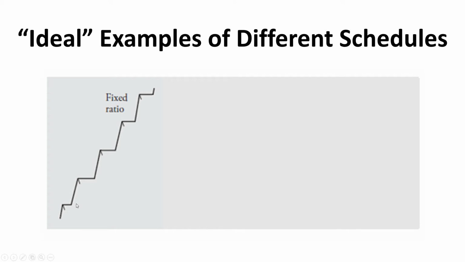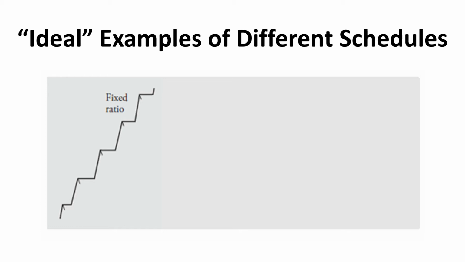There's one other thing that we sometimes see associated with a fixed ratio schedule of reinforcement, and this is called ratio strain. You don't see it here because this is a fixed ratio with no change being made. But we can sometimes observe ratio strain if there is a change in our requirements.